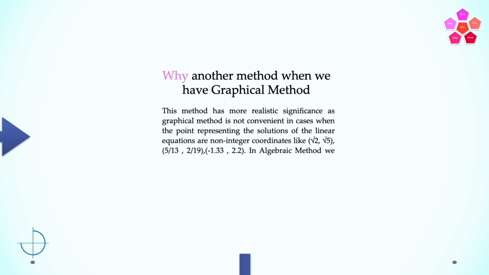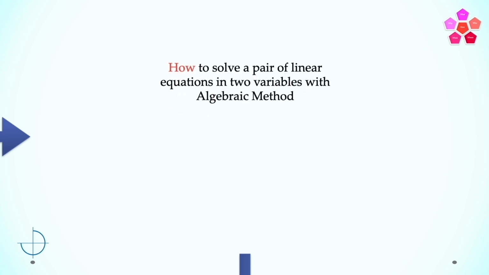In the algebraic method, we do not need to plot these, but the values can be written simply. So it's much simpler. So finally, we arrive at the question, how to solve a pair of linear equations in two variables with the algebraic method.